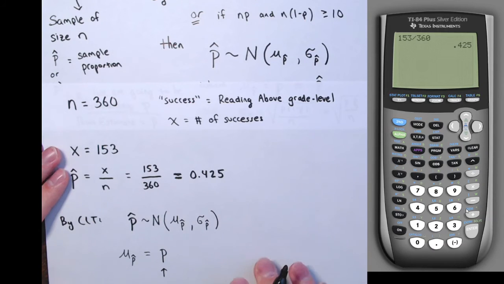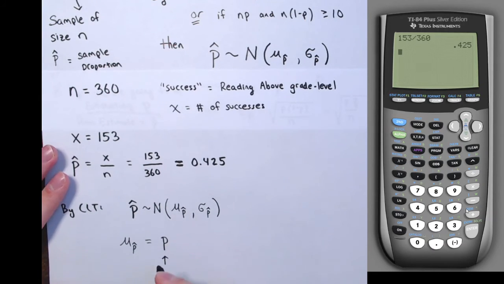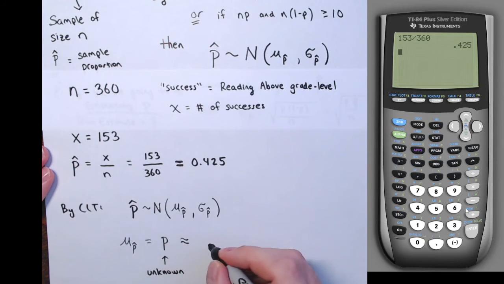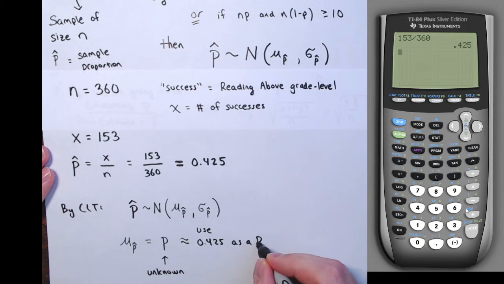But as I mentioned before, this population proportion I do not know. We were not told what percentage of all elementary school children read above grade level. We're only given the percentage of this sample. So we're going to use our sample proportion, our 0.425, as a point estimate for p.